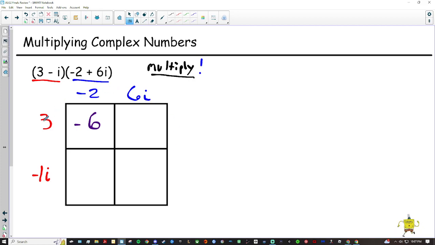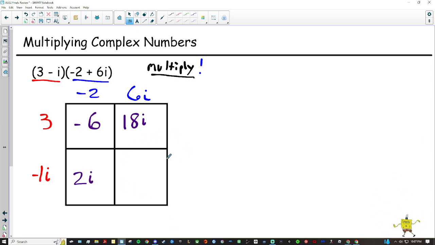Next, I have 3 times 6i. 3 times 6 is 18i. Make sure your i comes with. Bottom row, I have -1i times -2. Negative times a negative is +2. And bring the i with.